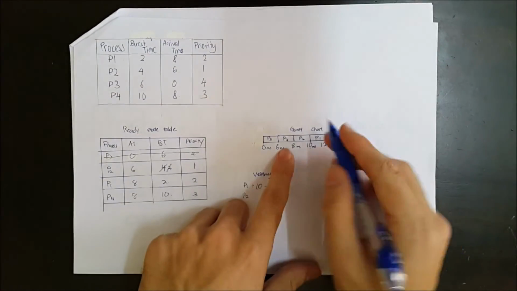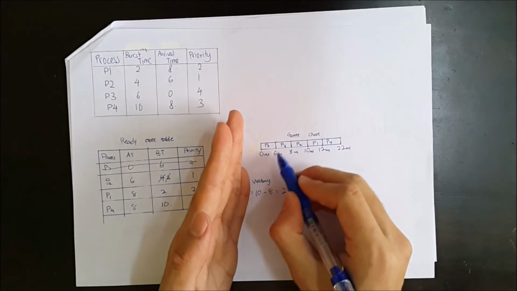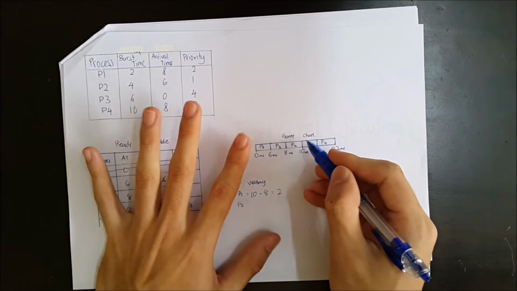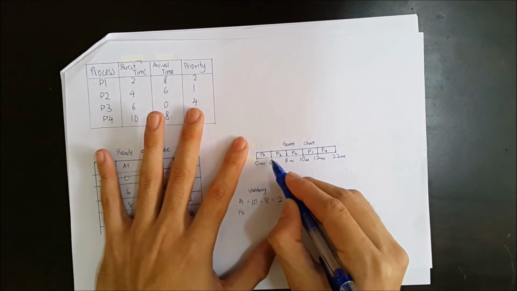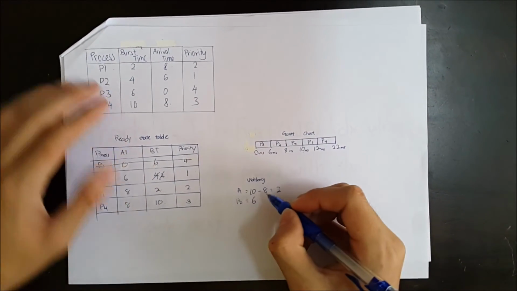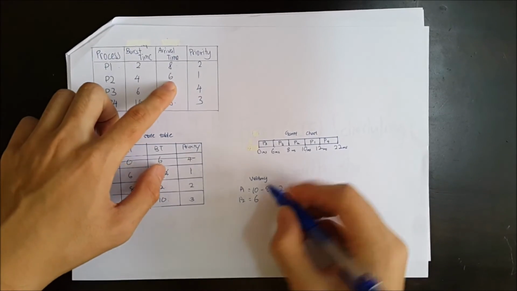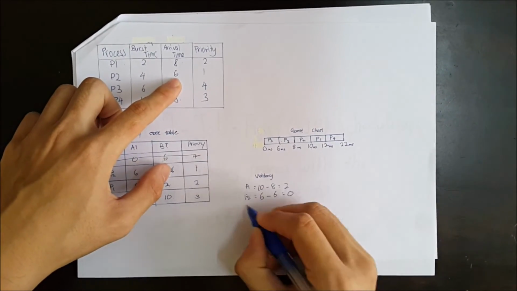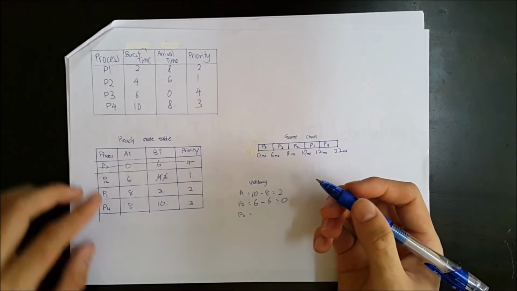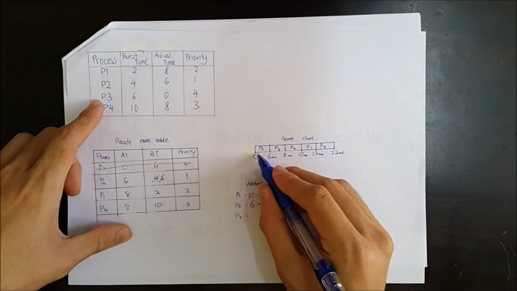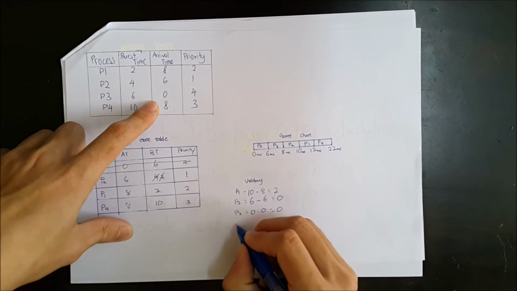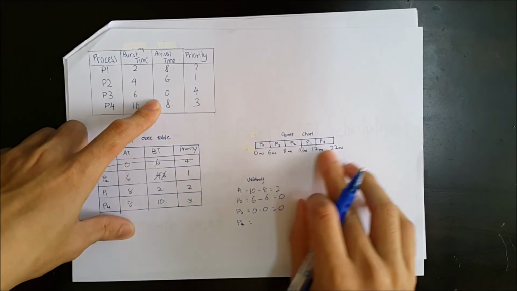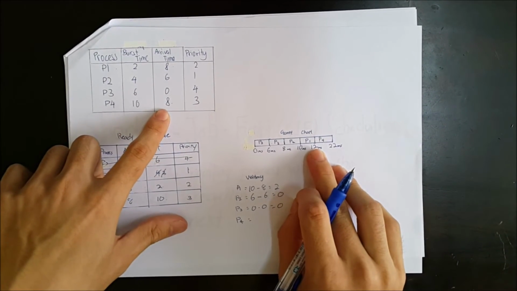Then P2. In this case we have two separated parts that are linked together, so we choose the last one, which is 6, and minus the arrival time, equals 0. Then process 3, 0 minus 0 equals 0, and the last process is 12 minus 8.